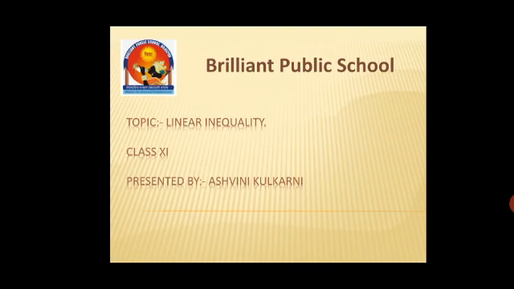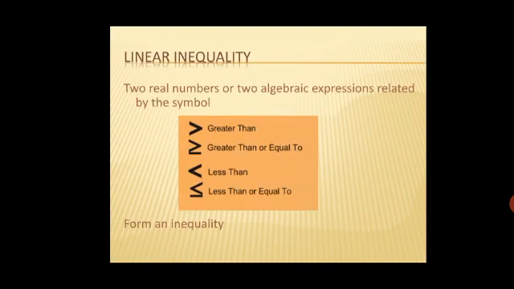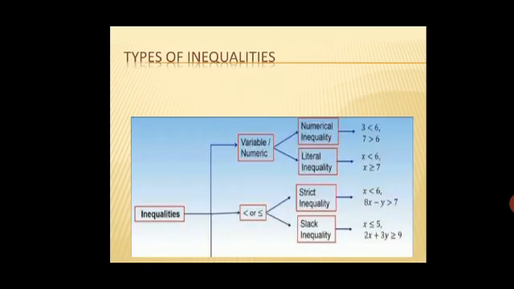The algebraic expressions which have the symbols greater than or equal to, less than or equal to form an inequality. Now let us see what are the types of inequalities. We have two kinds of inequalities here, literal or numeric.